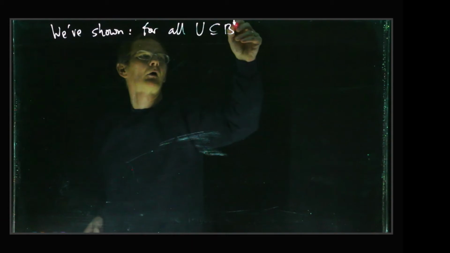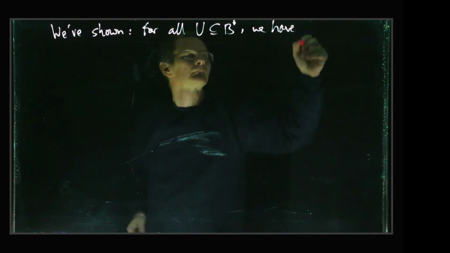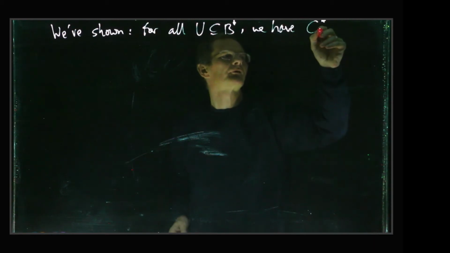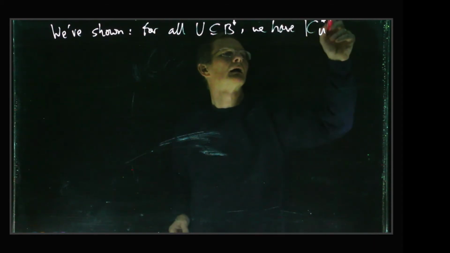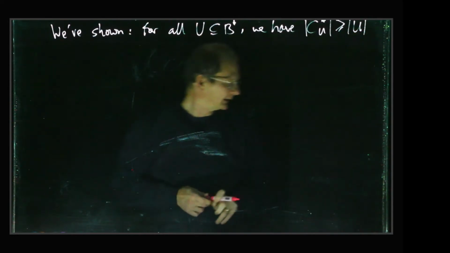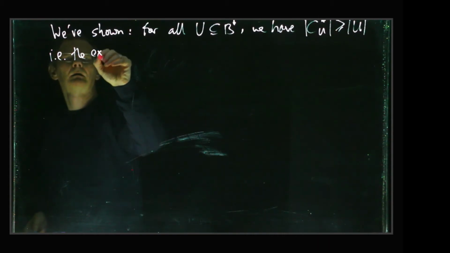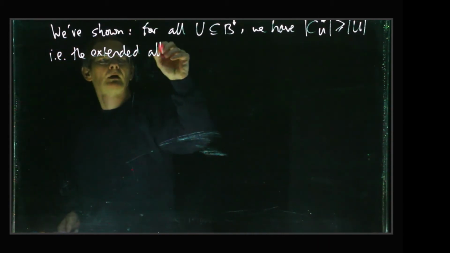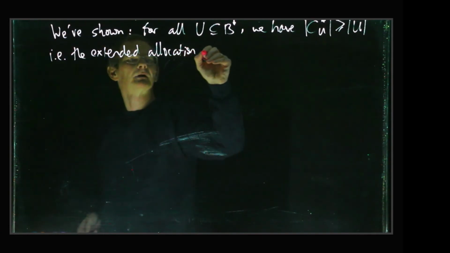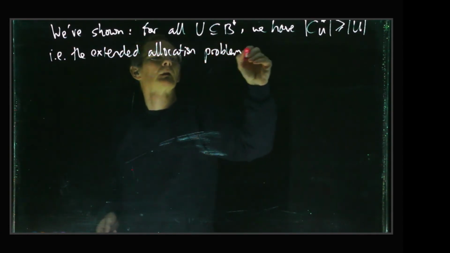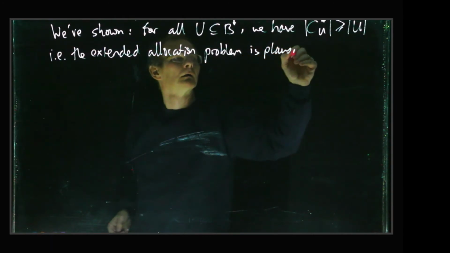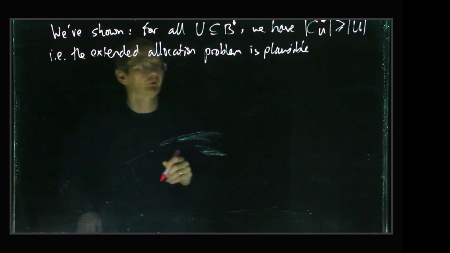So we've shown that for all U contained in B star, the number of candidates for U is at least as large as the size of U. So this means that this extended allocation problem with real and fake jobs satisfies the usual plausibility condition.